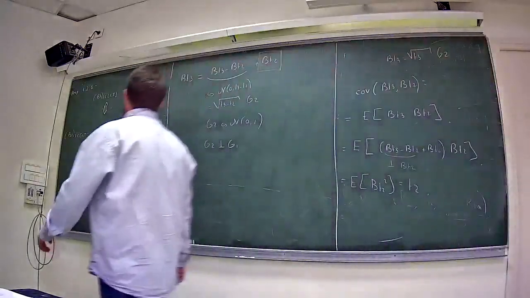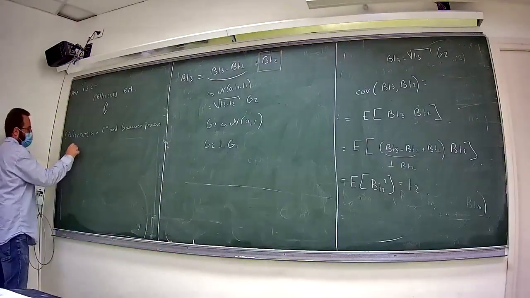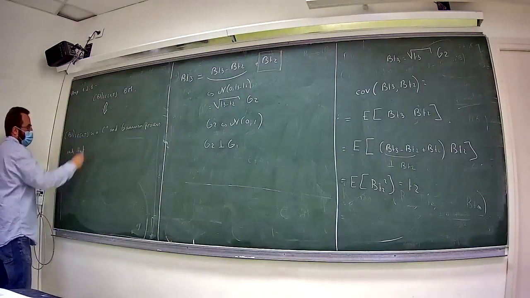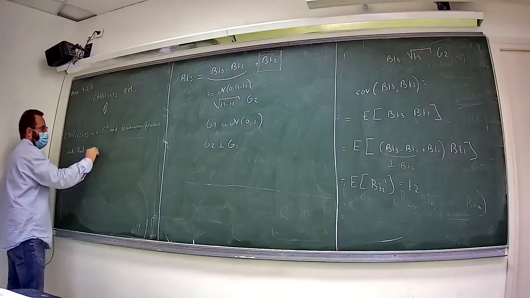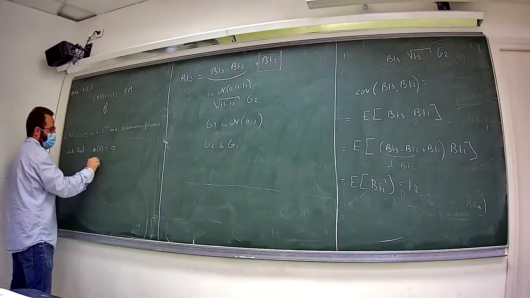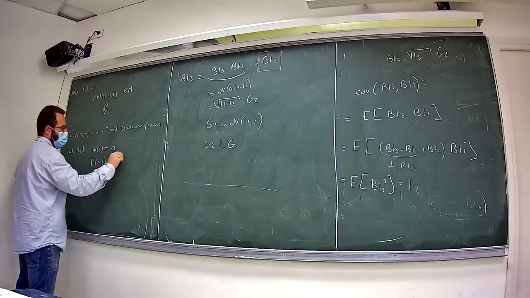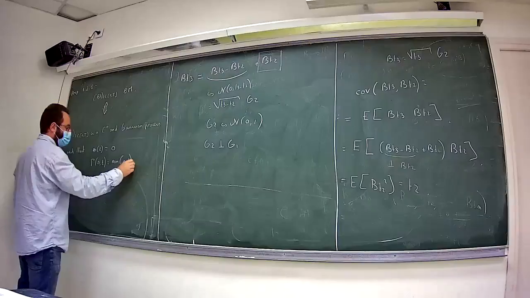So B_t is a continuous and Gaussian process such that the mean function is equal to 0 and the variance-covariance function is equal to the minimum between s and t.